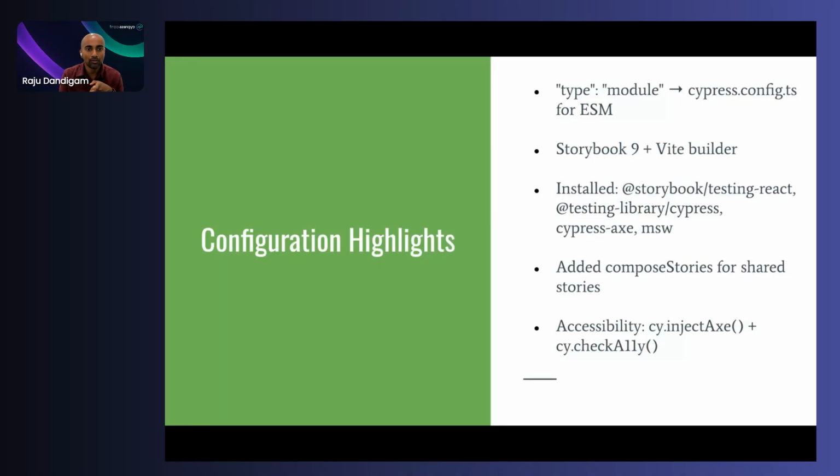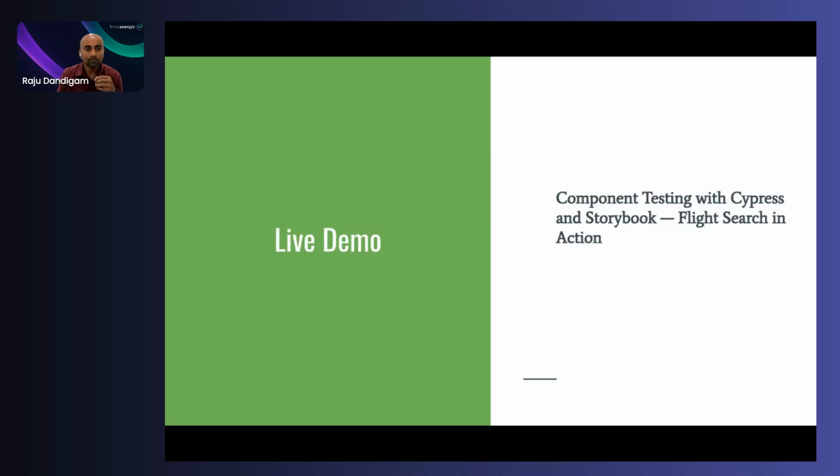I used Storybook React Vite in this case to get composeStories, but in a previous version we would need to use Storybook testing React as a library to get composeStories. I also included some simple accessibility testing in this project.